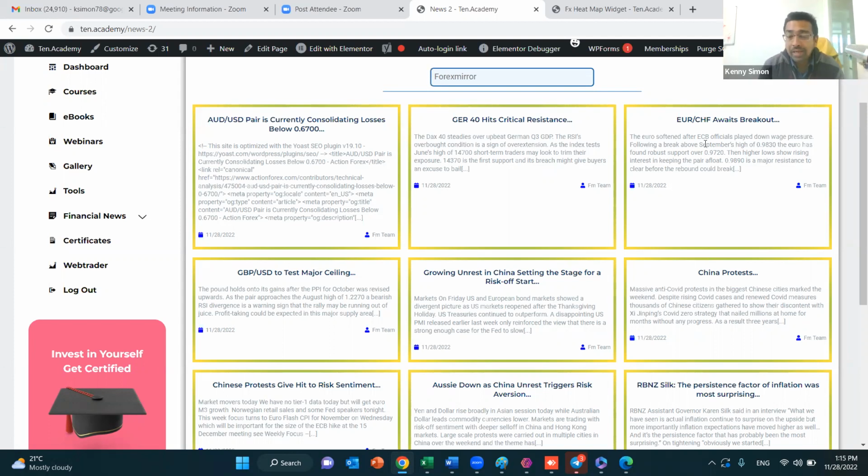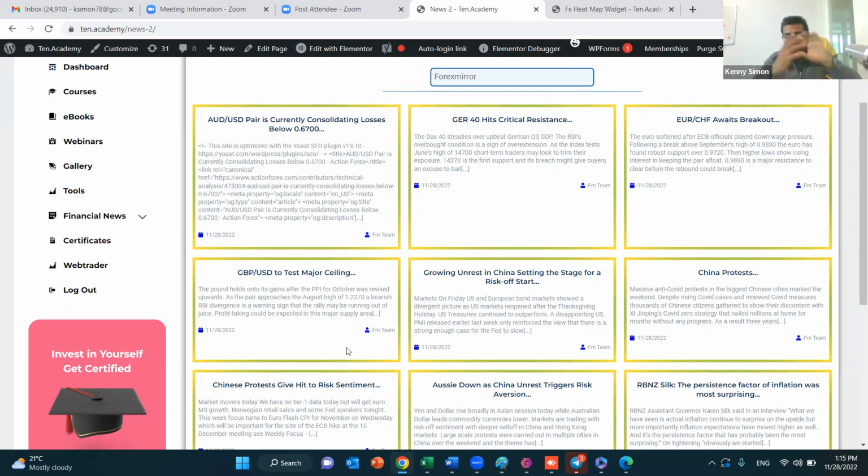So there we go. Now we've got Euro CHF right there, and you would notice that I've moved from the left going towards the right. So that's the most recent news on the left, basically. Okay, and then we've got GBP USD released earlier today as well, and we could see that it's got some hints within that snippet.